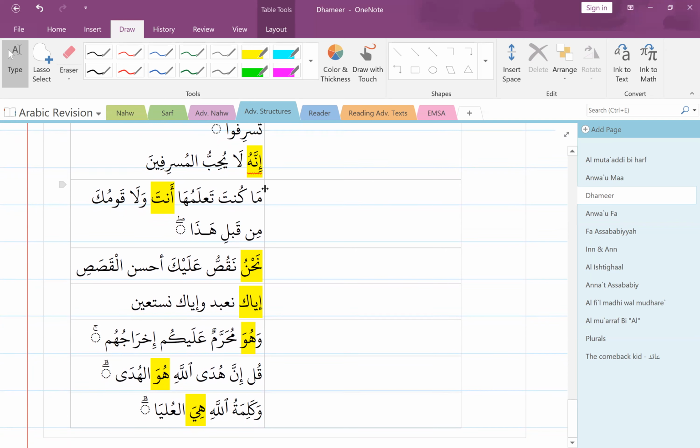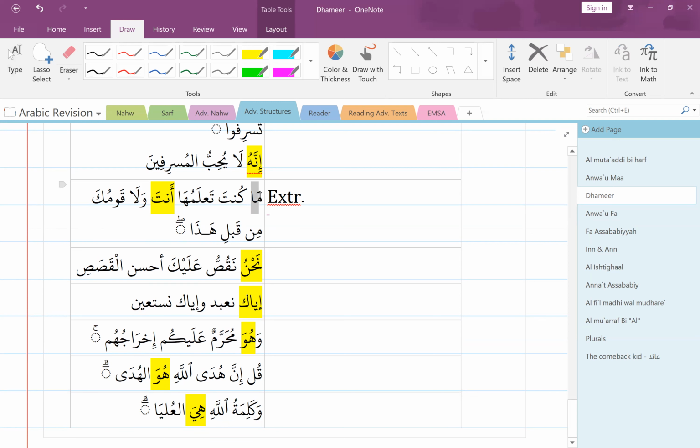Okay, back to Saima. This is extracted one, Anta. ما كنت تعلمها أنت. There's a verb before, and then the ataf. Extracted. And this is manafia, right?